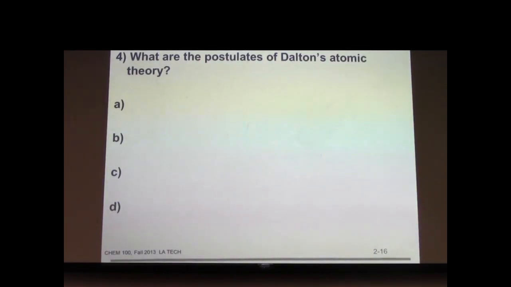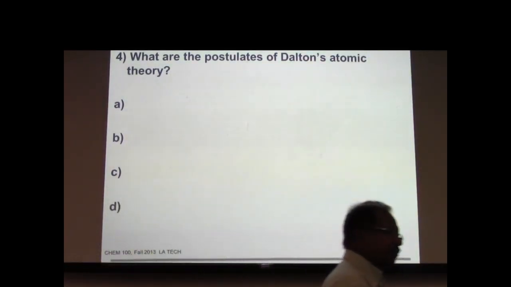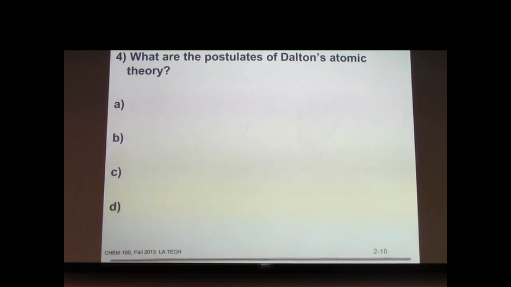The third one is that atoms combine to form compounds with constant proportions, or multiple proportions, given two different compounds. The fourth one is that atoms are neither created nor destroyed in a chemical reaction. They are simply a different combination of atoms.